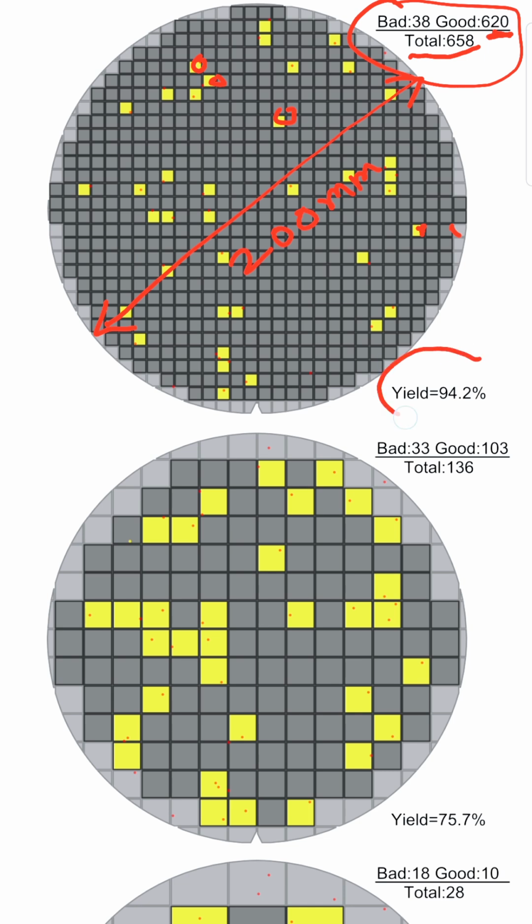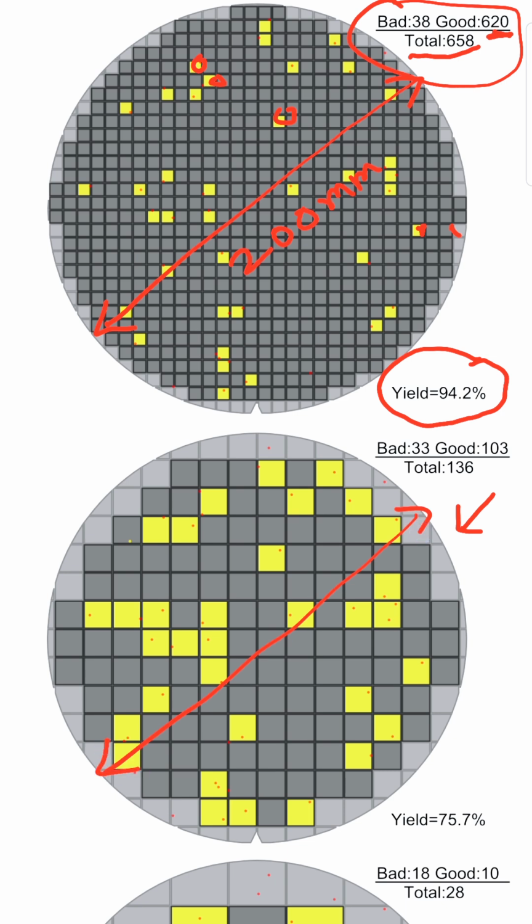Therefore we would say the yield after this silicon IC fabrication is 94.2%. It means out of 100 silicon dies, 94 chips or dies are good, rest are bad. That is, 5.8% are bad.